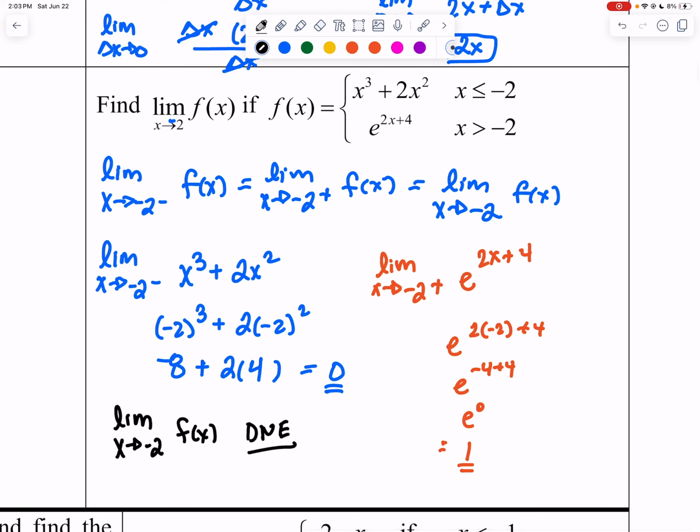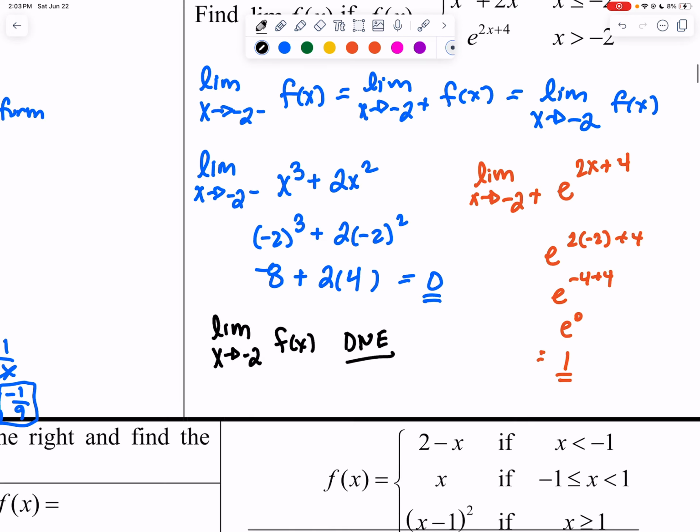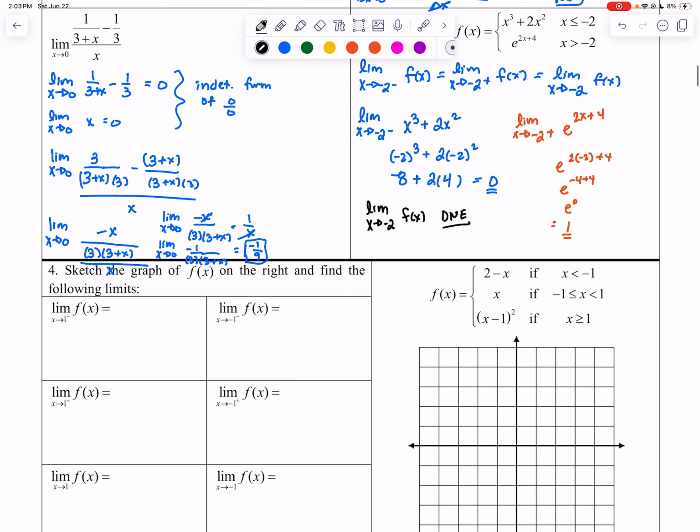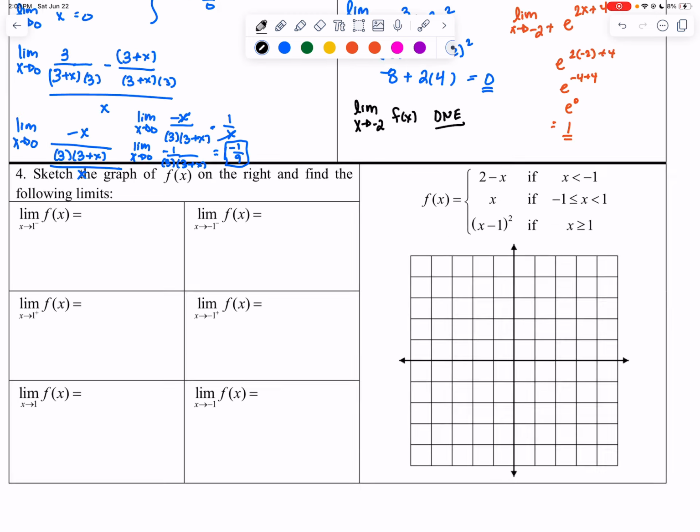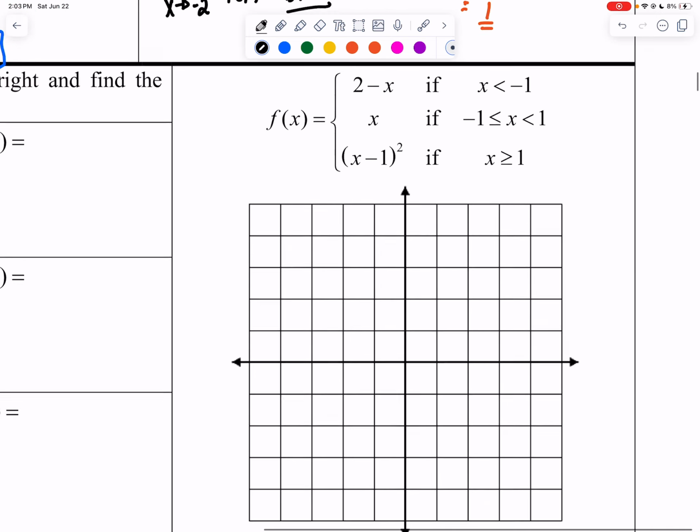So we did that algebraically. What we're going to do with number 4 here at the bottom is graph the piecewise function and then look at it graphically in addition to algebraically. So first, what we're going to do is go ahead and graph our piecewise function right here.